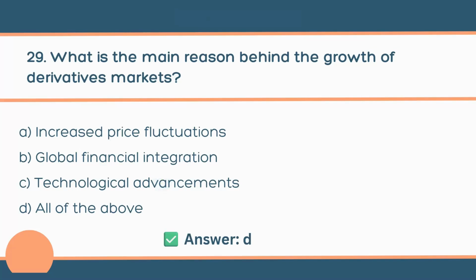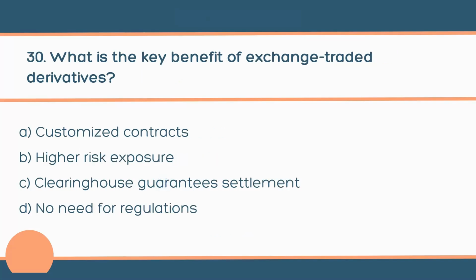The answer is all of the above, because tech advancement, global markets, and price volatility all fuel derivatives use. What is the key benefit of exchange traded derivatives? The answer is clearinghouse guarantees settlement, because this reduces default risk, ensuring secure and smooth transactions. So the answer is C.